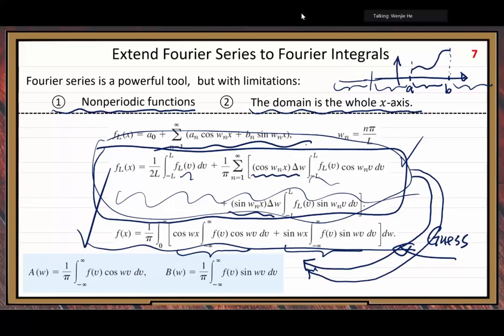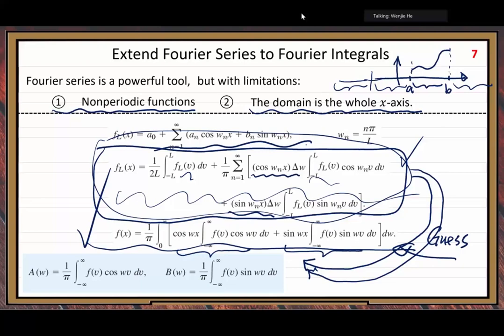So this time, we do not use a series to represent our original function. We use an integral to represent it, and it's actually more general than the summation form.